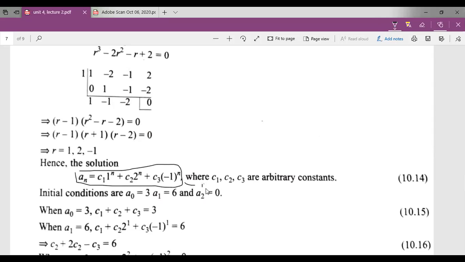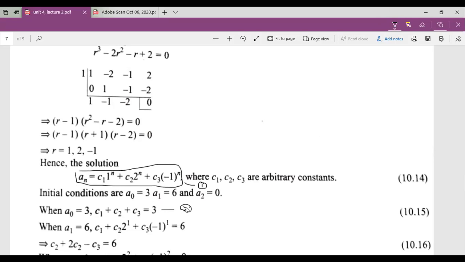So we get a_0 = C1 + C2 + C3, and a_0 value is 3. So the equation is C1 + C2 + C3 = 3. Let it be equation 2.